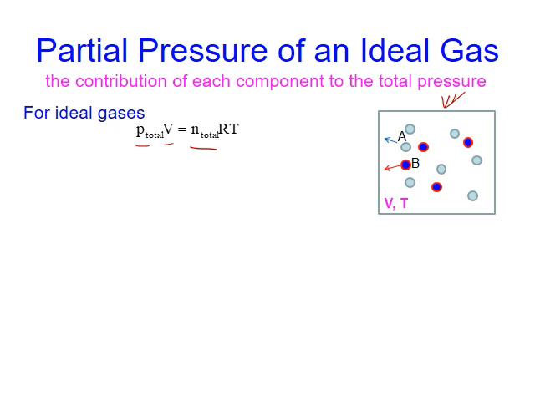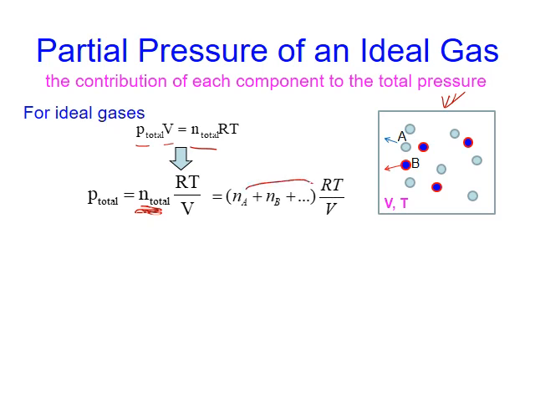From this equation, we can calculate the total pressure equals total number of moles times RT over V. Now, total number of moles is the sum of the A number of moles and the B number of moles.